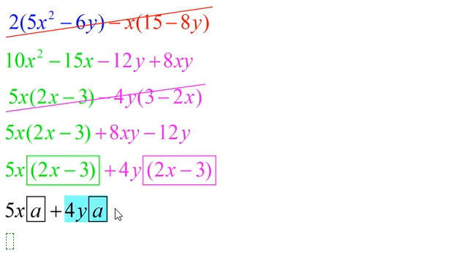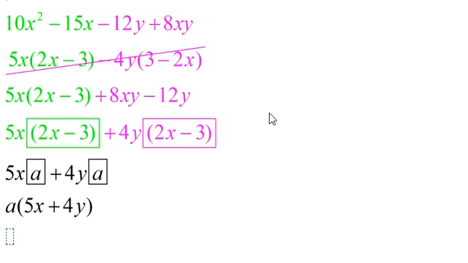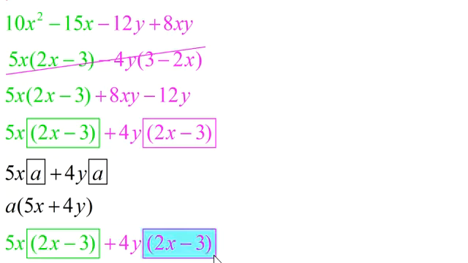If it was an a for a second, you know that you could factor that a out of both of them, pull the a to the front, and you would have 5x plus 4y. We're doing the same thing here, except it's not a monomial GCF like a, it's a binomial GCF. So we're going to take it out to the front.